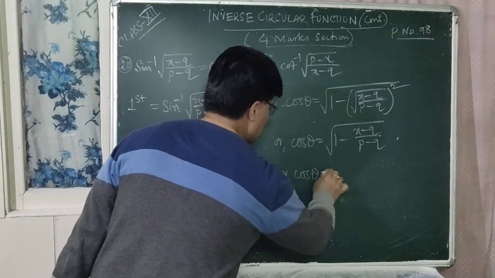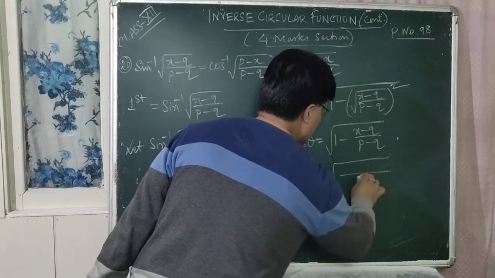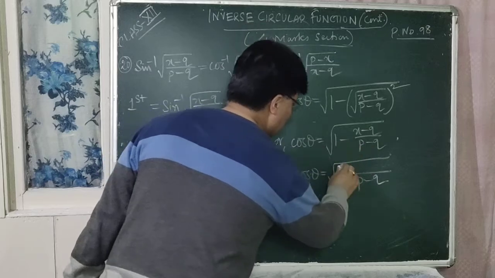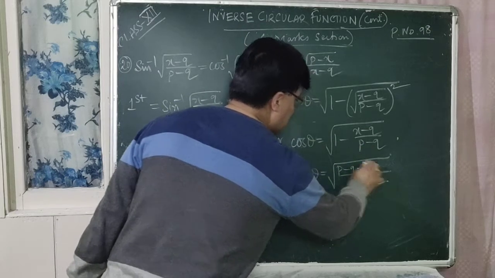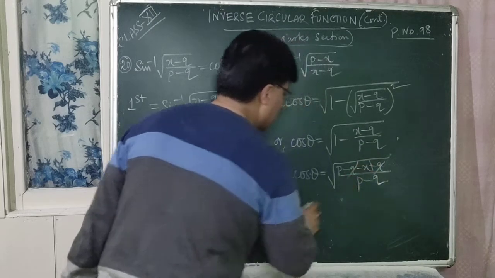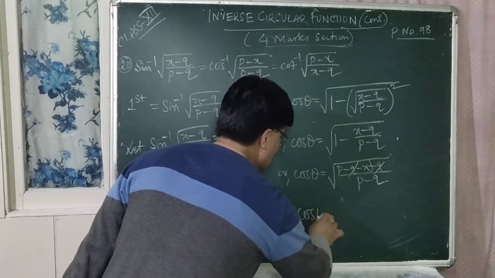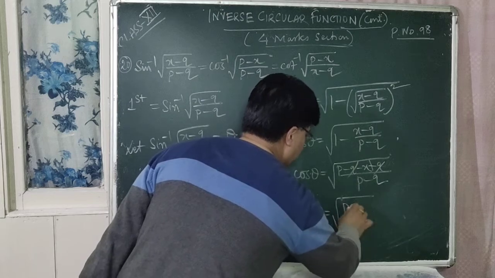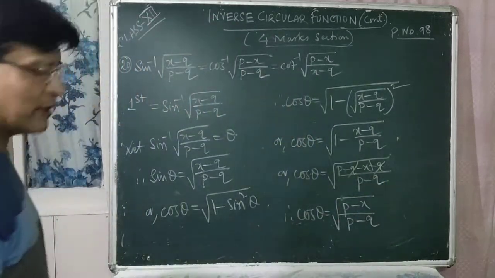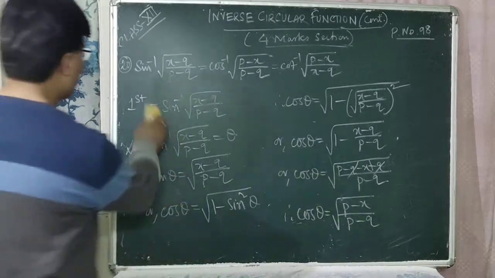Or cos theta is equal to root over, what's the LCM here? P minus q. You know that, isn't it? So p minus q into 1, p minus q minus x. Now here sign changes, minus to plus q. Here q gets cancelled. So cos theta is equal to root over p minus x upon p minus q. Right? So now what is the value of theta here?